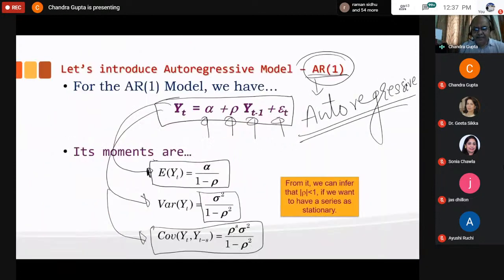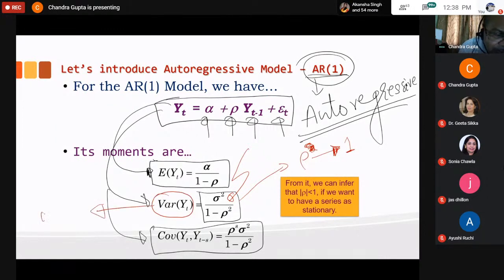Another thing which you must appreciate. Look at this variance equation. In the variance equation, if rho is tending towards 1, what will happen to your variance? Your variance will become infinite, and the process will be a non-stationary process.